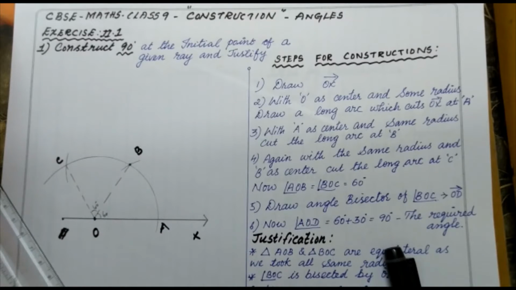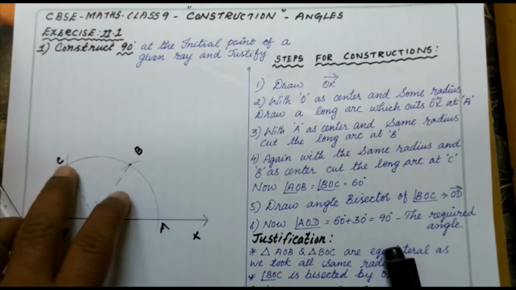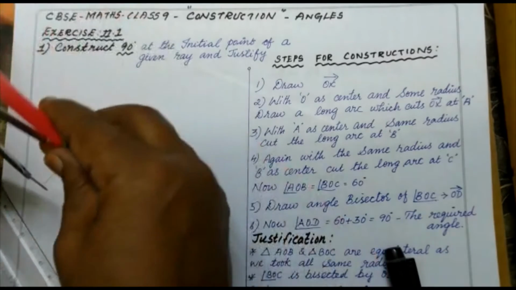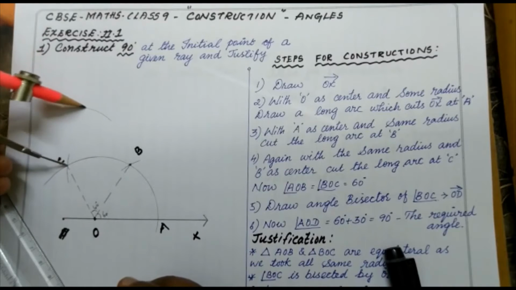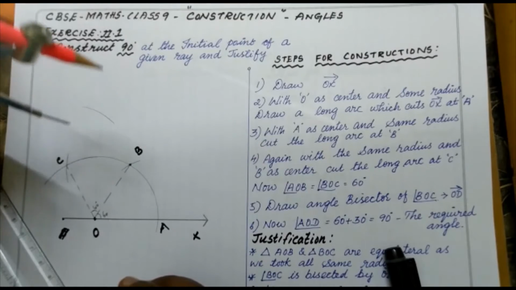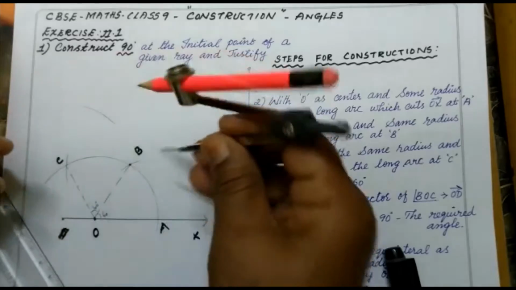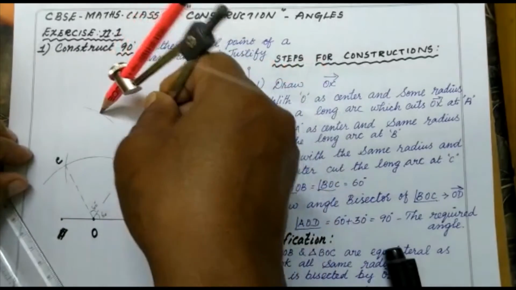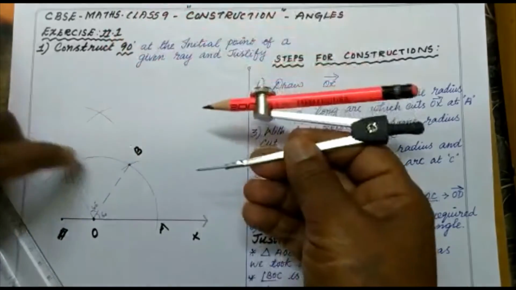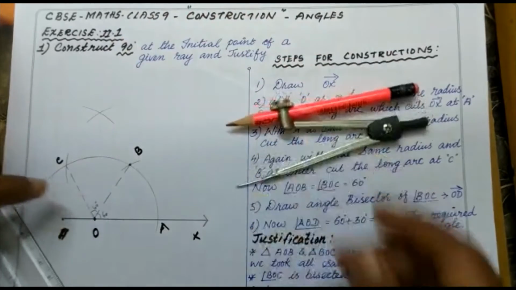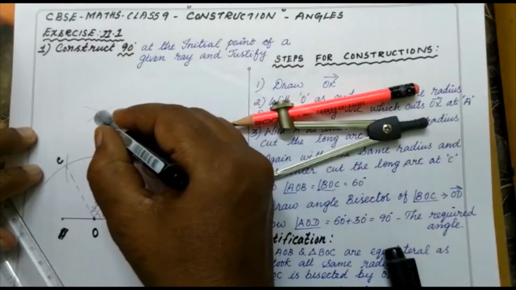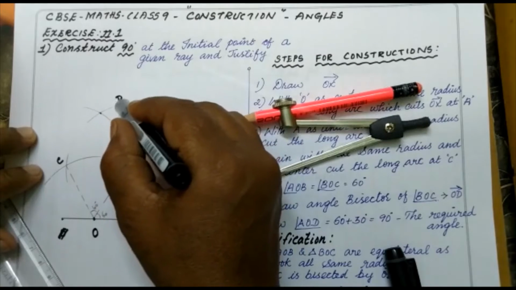You already know in an arc, when you get 2 points, you keep any one point as center and with some radius you draw an arc, with the same radius and the other point as center, you draw one more arc. Where these two arcs meet, join this point, that is the angle bisector, right? So where these 2 arcs meet, I mark it as D.